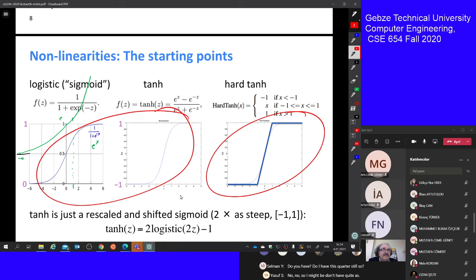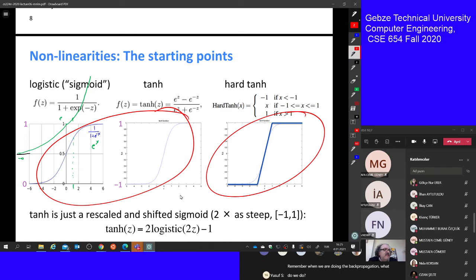Okay. Because after -1, the gradient is the same. In fact, it's 0, I think, and it might stop learning. So why do you think that's important? It's important to learn for neural networks. Remember when we are doing the back propagation, what do we do?